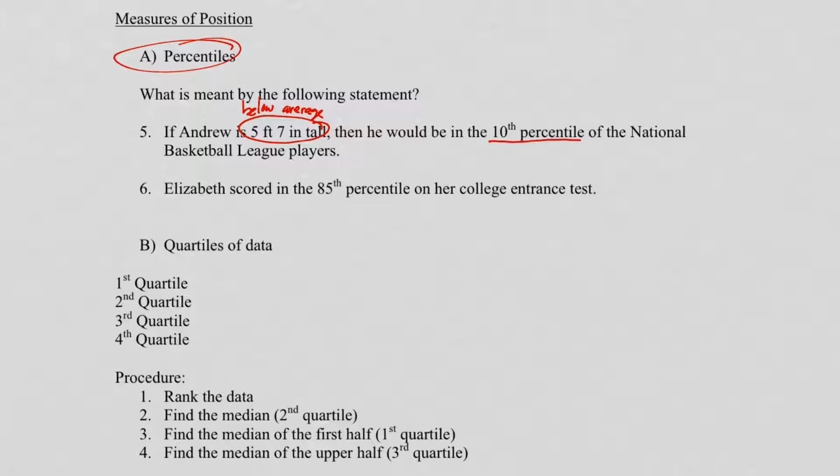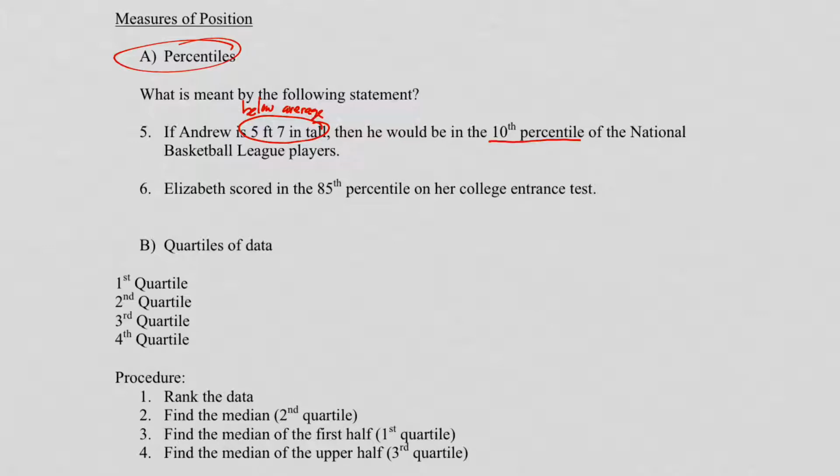Okay, 5'7" is pretty short, below average for basketball players, especially NBA players. And so 10th percentile basically means one of two things, depending on how you look at it.